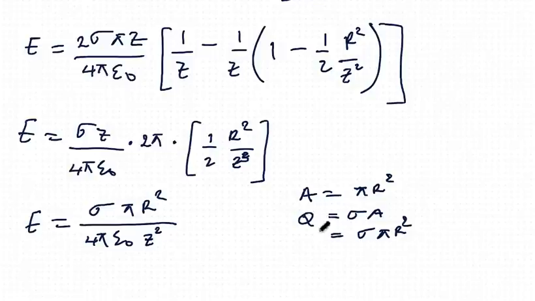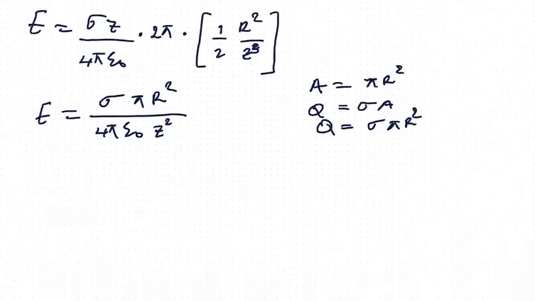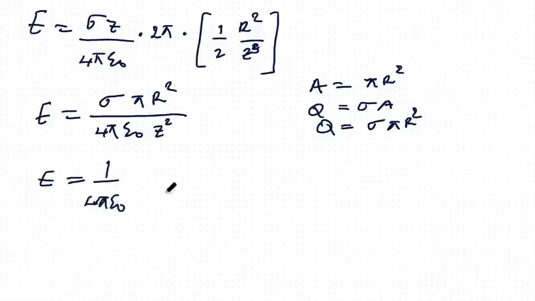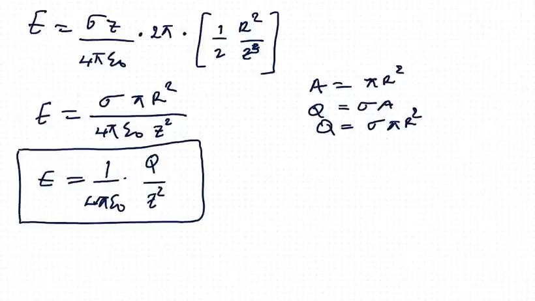If charge is equal to sigma pi r squared, we can substitute and have our electric field E equal to 1 over 4 pi epsilon naught times Q over z squared, and this is the electric field of a point charge.